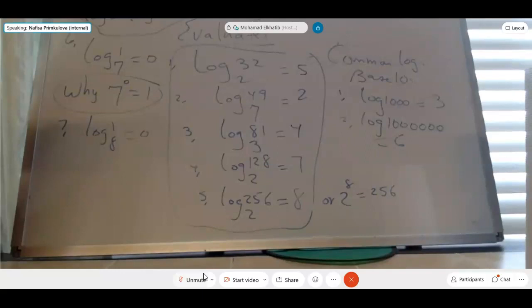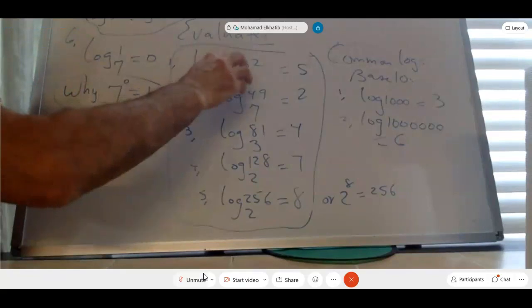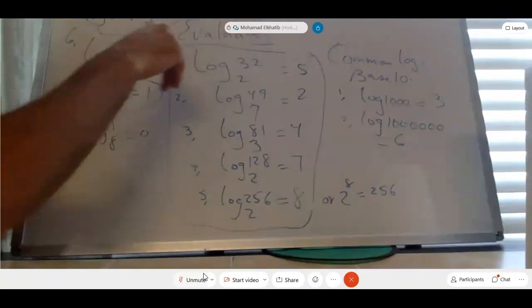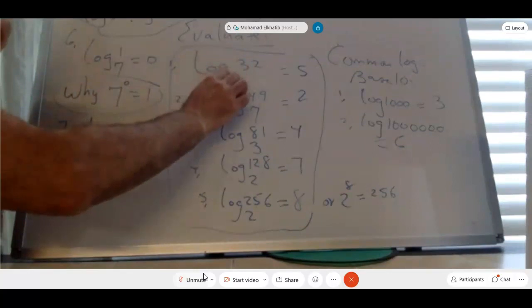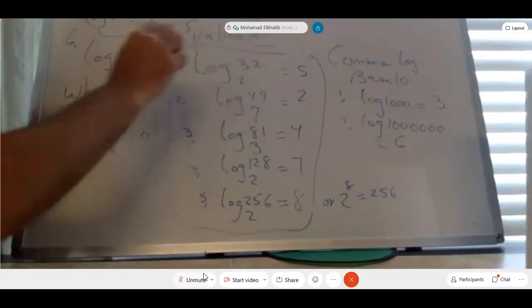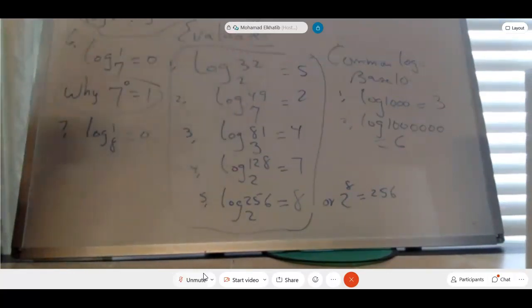Why do you put the base not on the top but on the bottom? Because that's the definition. The definition is the base should be multiplied how many times to get to the top, not the other way around.